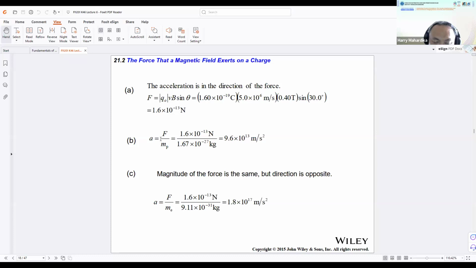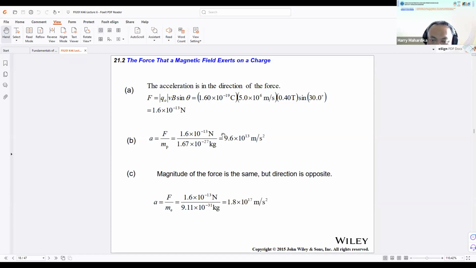So the acceleration is equal to 1.6 times 10 to the power of minus 13 newtons divided by 1.67 times 10 to the power of minus 27, which is basically the mass of the proton itself. The division of the two quantities produces a value of 9.6 times 10 to the power of 13 meters per second squared.